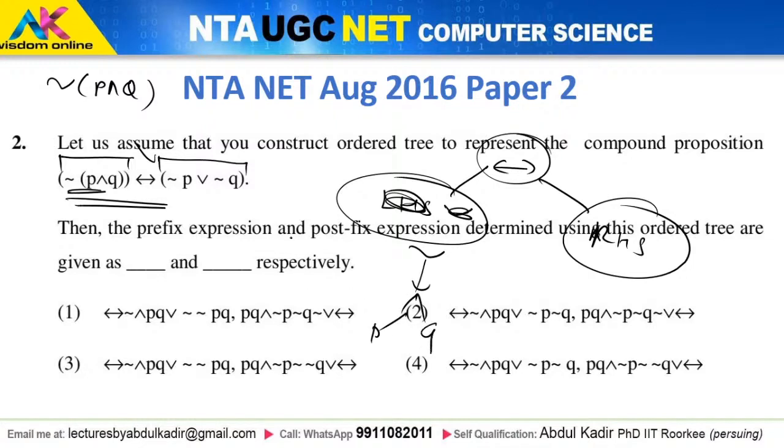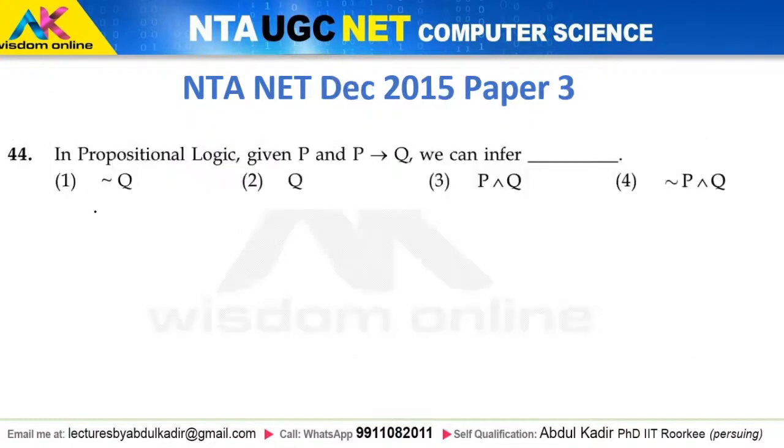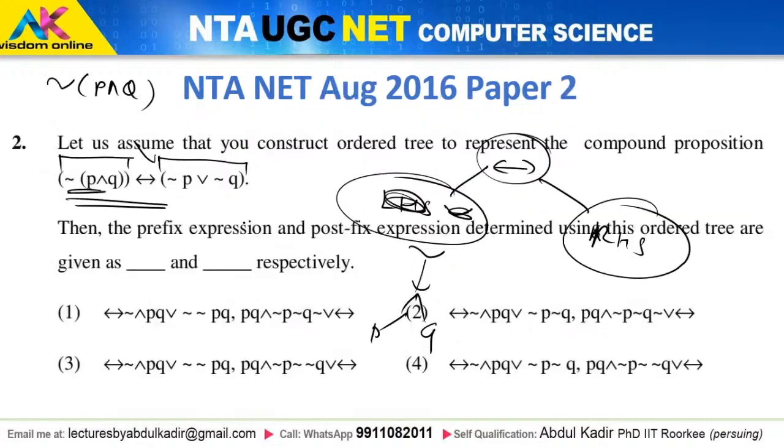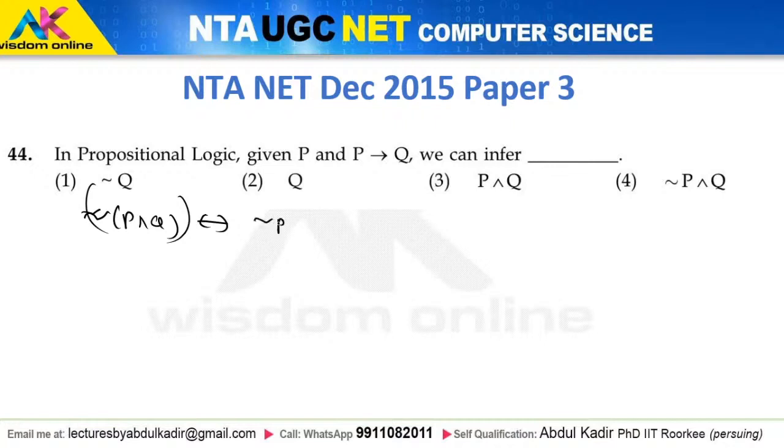Okay, let me take a different slide. So what is this equation? The equation is negation of (P and Q), double implication, negation P or negation Q. So very easily you can draw the tree. You have this LHS and this RHS.